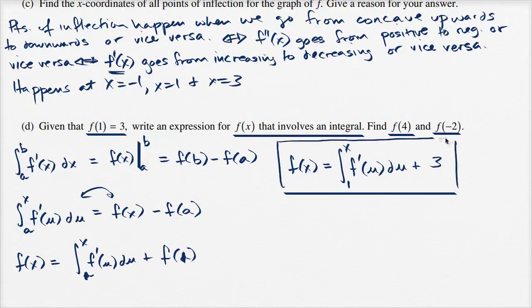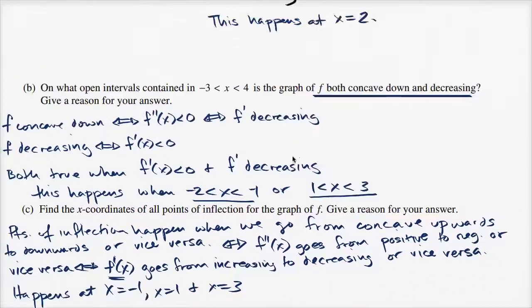Now let's try to find f of 4 and f of negative 2. All right. F of 4, well, wherever we see x, we substitute a 4 there. It's going to be the integral from 1 to 4 of f prime of u du plus 3. So what is going to be the integral from 1 to 4 of f prime of u du? So let's look up here.